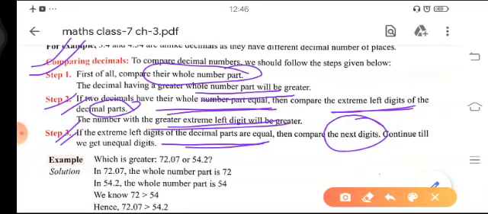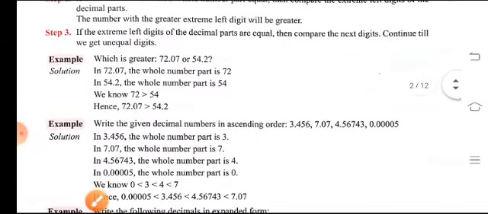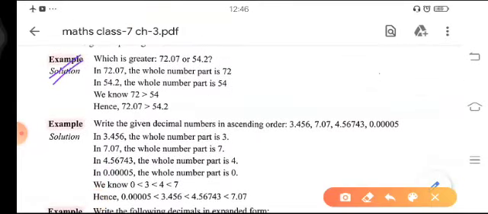Okay, so this is the process we will follow to compare decimal numbers. We will try to understand this with the help of an example. Here an example is given in which we have to find the greater number: 72.07 or 54.2.